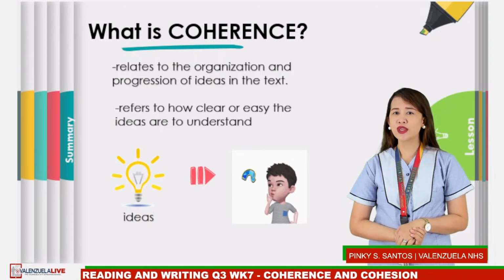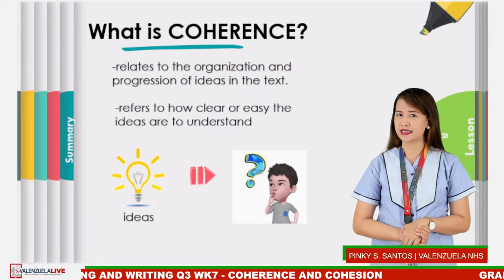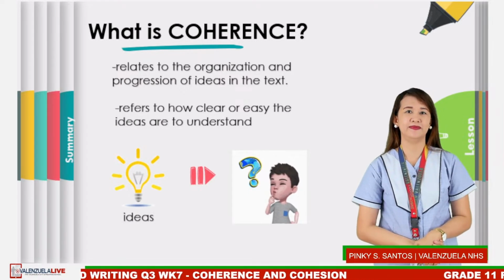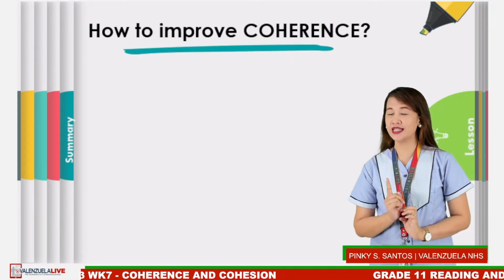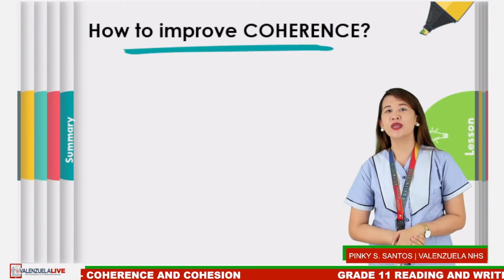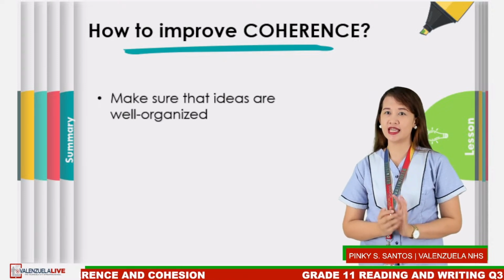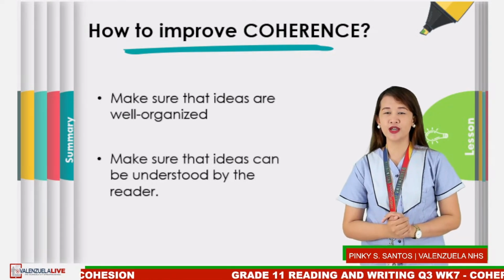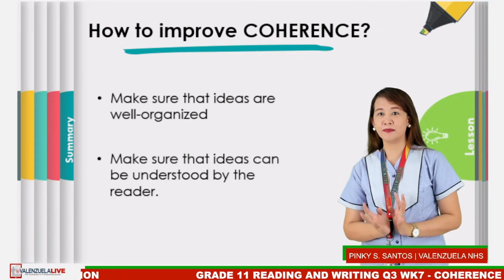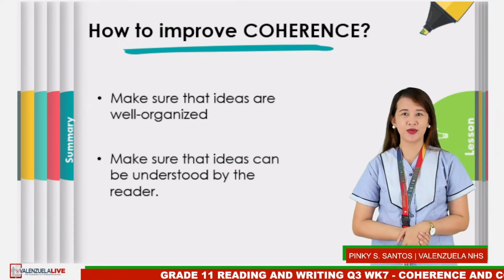Now, how are you going to achieve coherence? How to improve coherence? Of course, we need to make sure that the ideas are well organized, and we also need to make sure that the ideas can be understood by the reader.